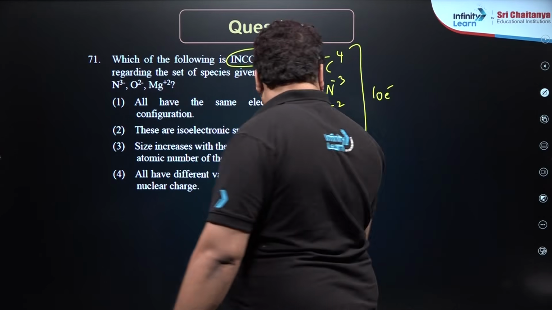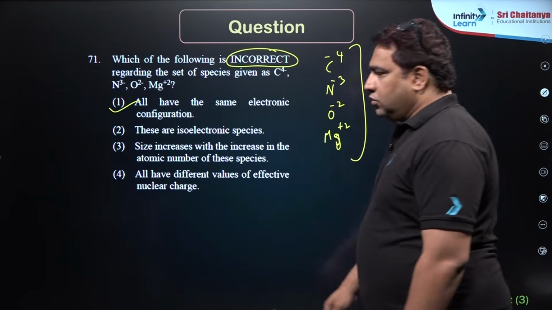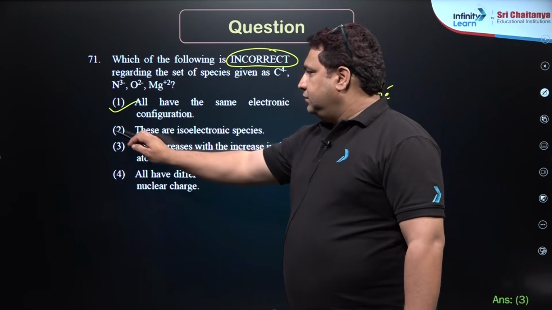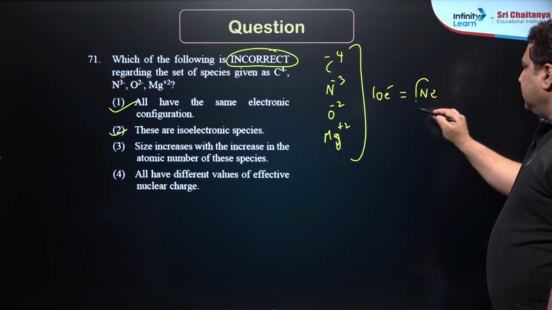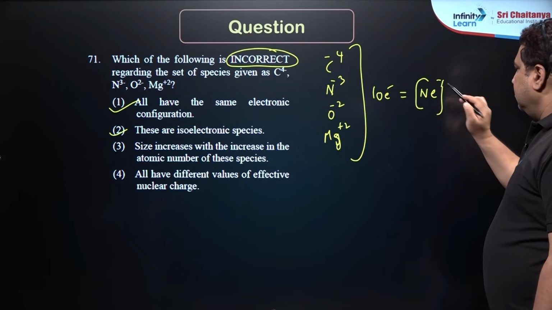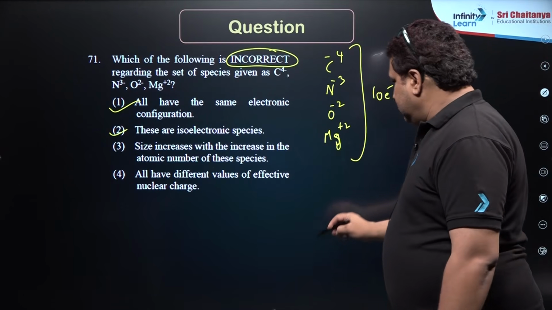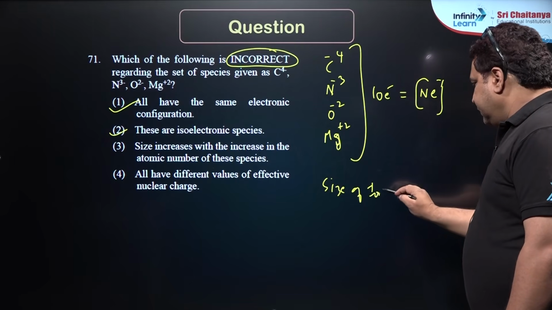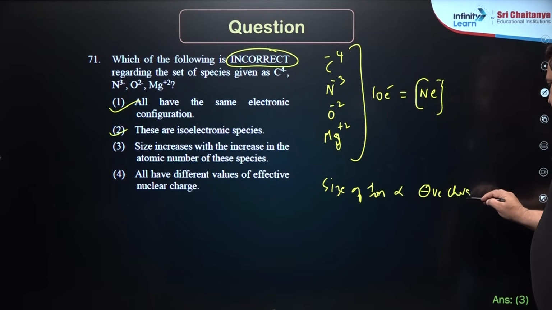So this is correct, all have the same electronic configuration. They are isoelectronic species because the same electronic configuration means neon gas configuration. Size increases with increase in atomic number. No. Size of the ion is directly proportional to negative charge.